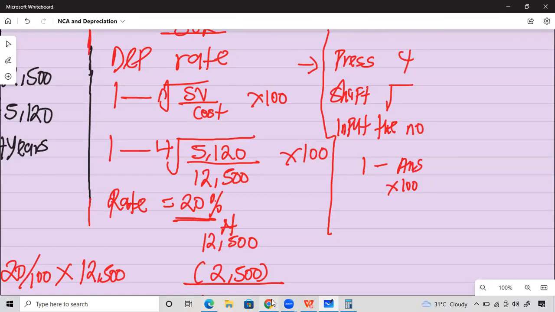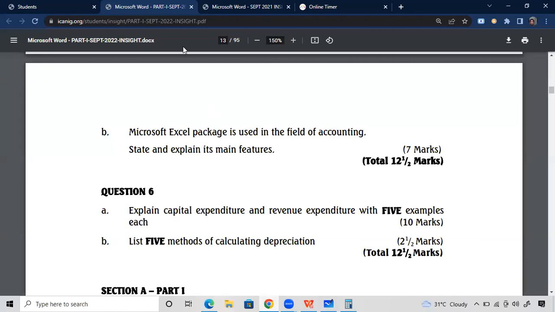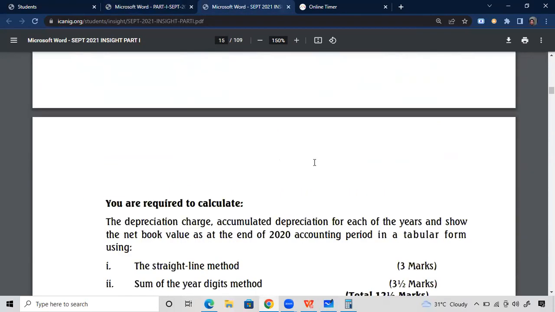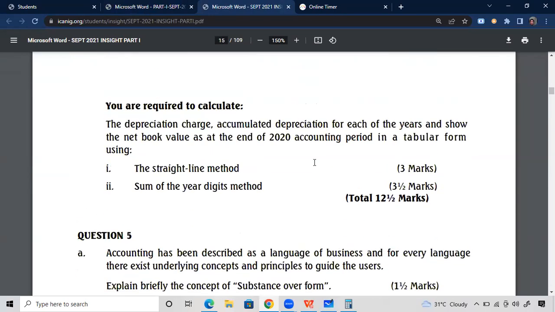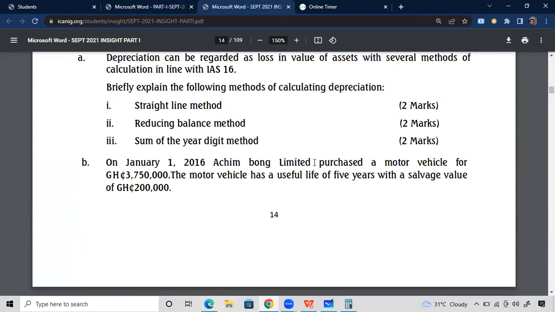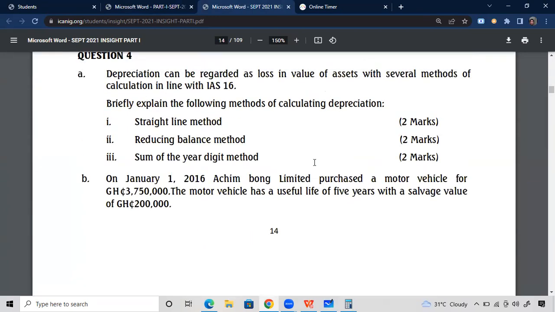Please hold on. This one was just theory, no calculation. So I want to give an assignment that everybody will do.